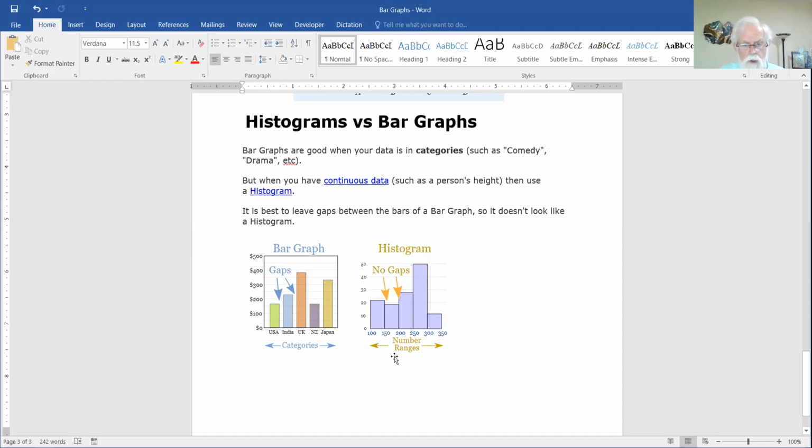Where we have continuous data, it's very hard to plot something where you have every single possible value.